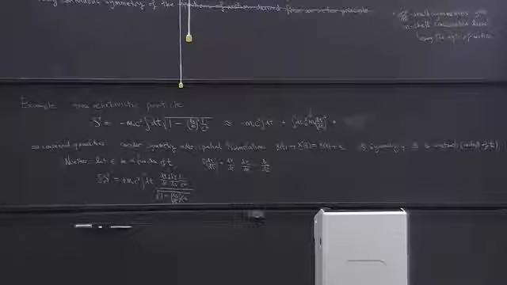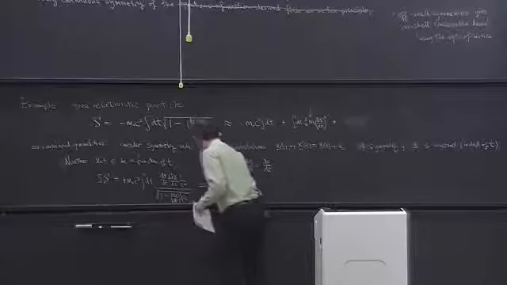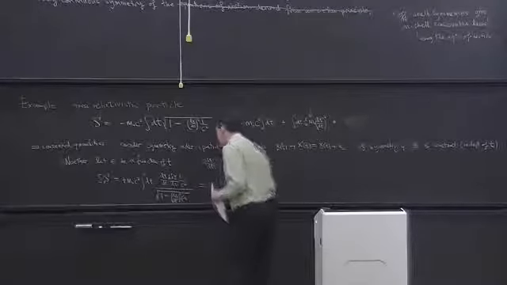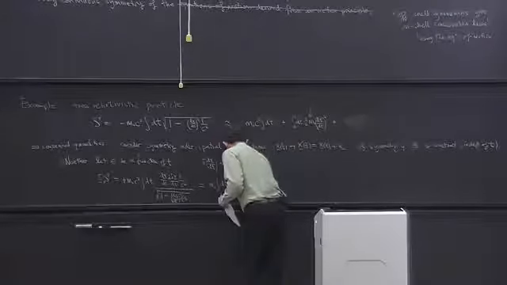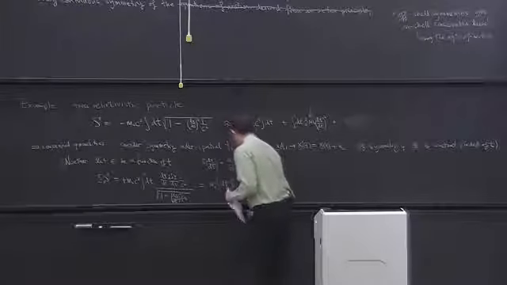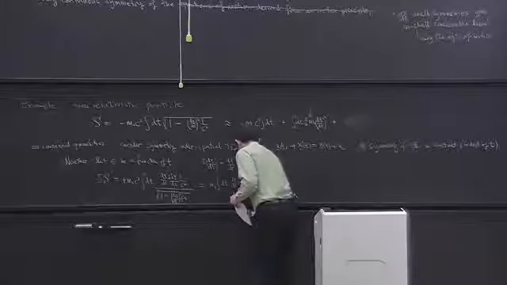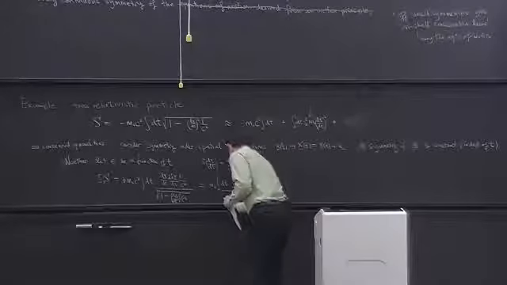Okay? And so what I've got here is, notice the c squareds cancel, so I've got m naught integral dt, and then dx/dt, and then I've got d epsilon/dt, and then I divide by the square root.